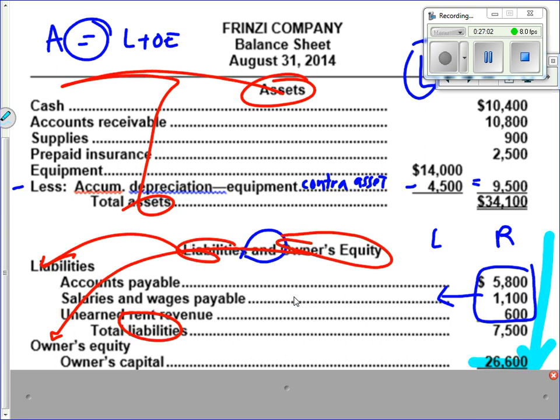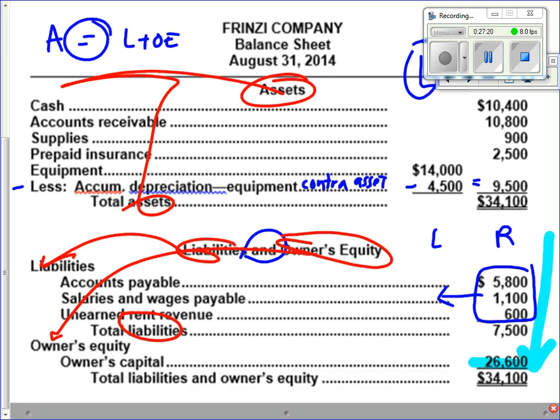Your numbers won't work out if you put what owner's capital says in the book. We know that owner's capital is more because we pulled it from the owner's equity statement. Now we can take our liabilities plus our owner's equity to hopefully equal the same as what our assets did. And voila, the chapter is done just like that.